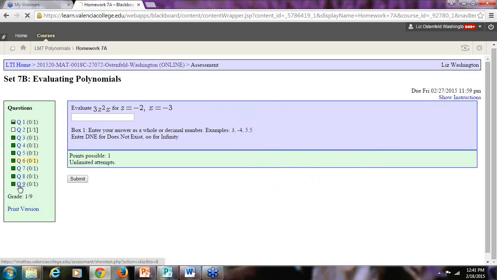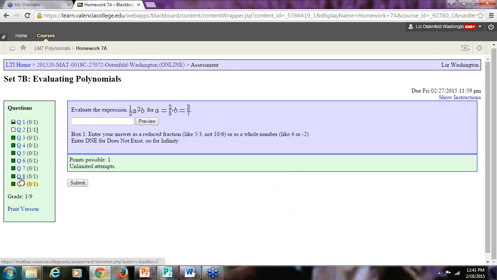Let me see what that looks like. Oh, fractions. Okay. Let's not freak out just because it's asking us to plug in fractions. We're still going to use parentheses, so I have 1/2 times whatever a is, and a is being squared, times whatever b is. A is 2 over 5, and b is 3 over 7.